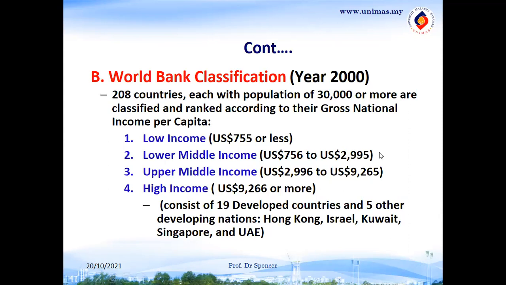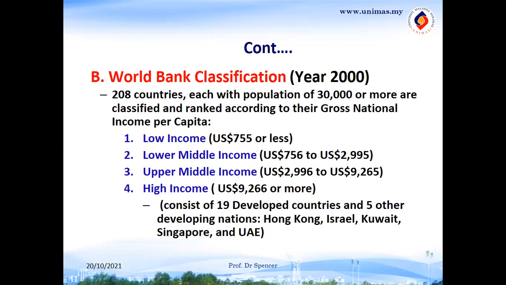The World Bank too has its own classification. This is classification based in the year 2000. There are 208 countries in the world with each population of 30,000 or more. Ya, yang mana negara yang kecil daripada 30,000 populasi itu tidak masuk dalam sini lah.